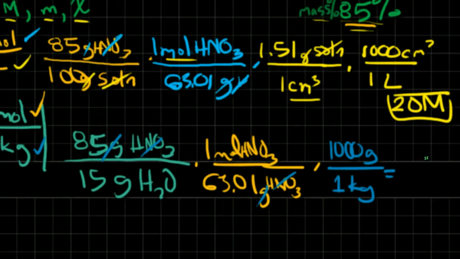And looking at sig figs, that's as close as we can go. So 90 m lowercase m, and that's moles per kilogram. That's moles of solute per kilogram of solvent. I'm not going to write that out.